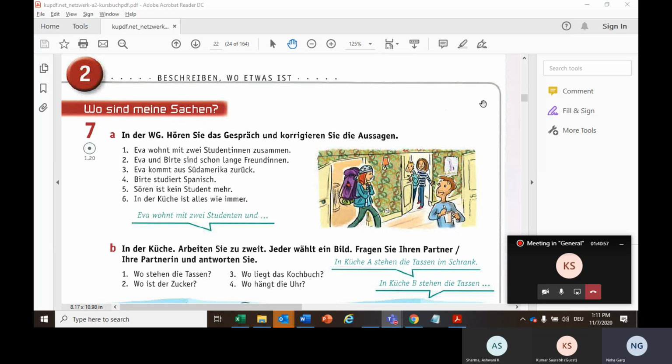Hallo? Hey Eva, schön, dass du wieder da bist. Hallo Niklas. Ich bin auch froh. Seit 22 Stunden bin ich unterwegs. Ach, du Arme. Darf ich vorstellen? Unsere neuen Mitbewohner, Sören und Birte. Hallo. Niklas hat mir schon von euch erzählt. Hallo Eva, ich bin Sören. Willkommen zurück. Hallo Eva, schön dich kennenzulernen. Wie war dein Urlaub? Super. 2 Monate Sprachkurs in Barcelona. Das war toll. Ich habe viel gelernt und viel Spaß gehabt. Und ihr schon fleißig?